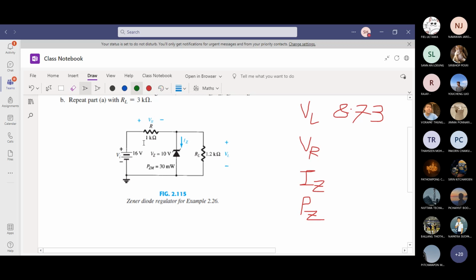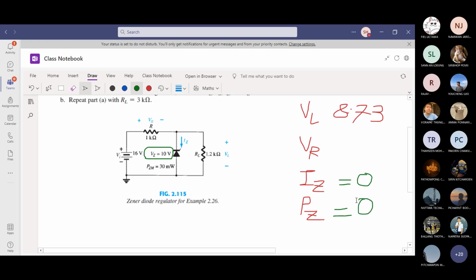The zener rating is given here. I'm highlighting in green. On or off? The zener is off. The VL you calculated from the theory is not equal or more than VZ. The zener is off. If the zener is off, there is no current IZ. IZ will be 0. If there is no current, it is not consuming any power because P equals VI. I is 0.